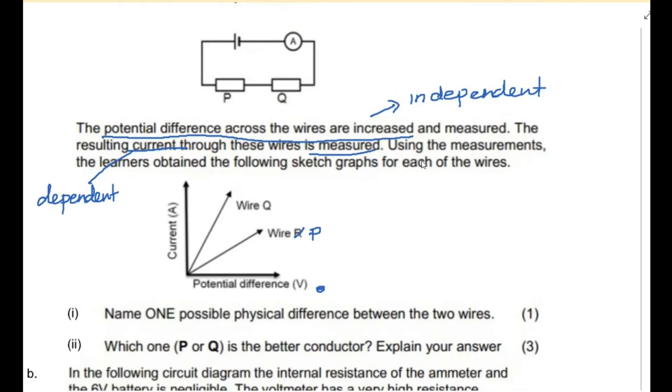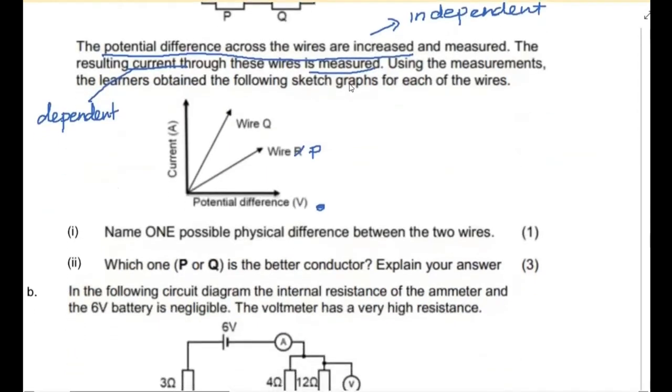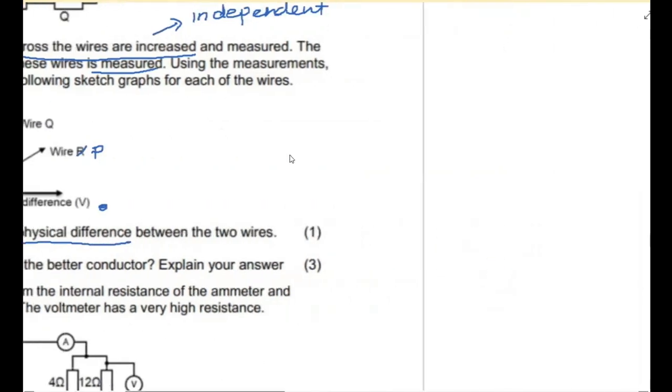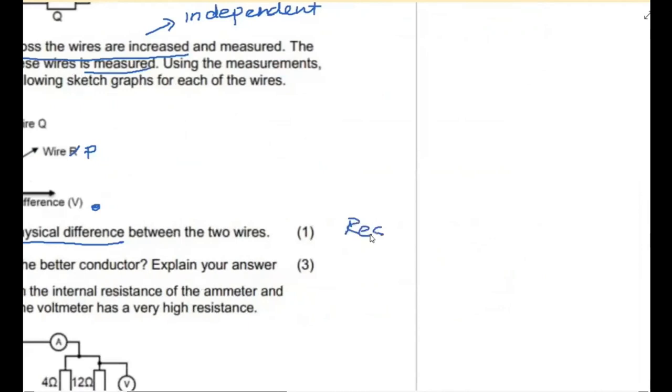Okay, so the resistance is different, but now they want me to talk about a physical difference. A physical difference means I have to say something that's different about them. So yes, very correct, the resistance is different.